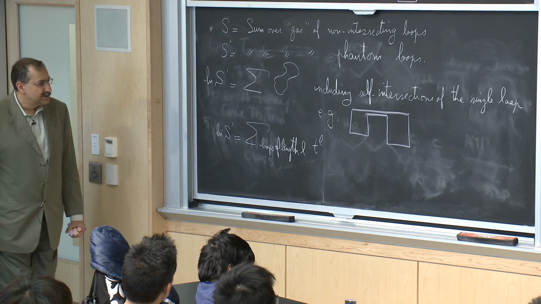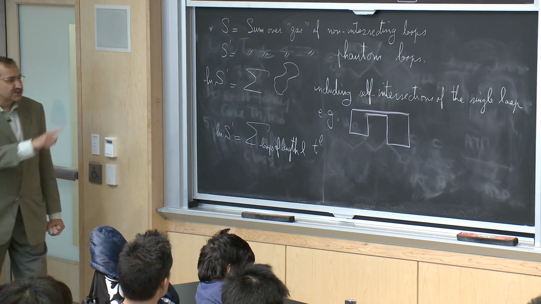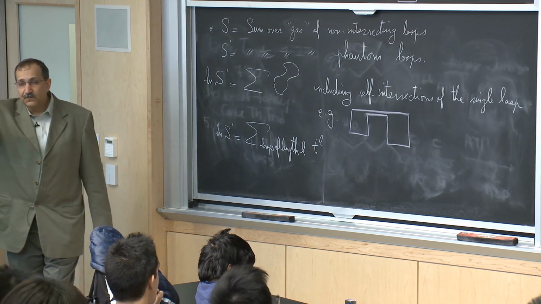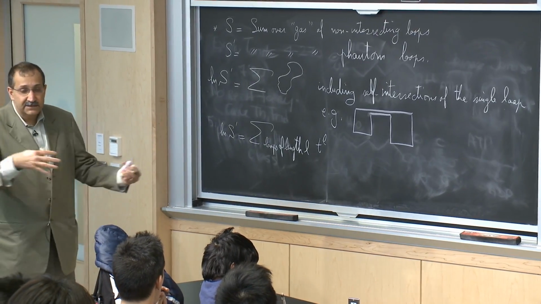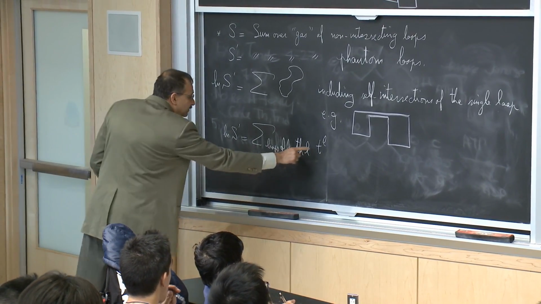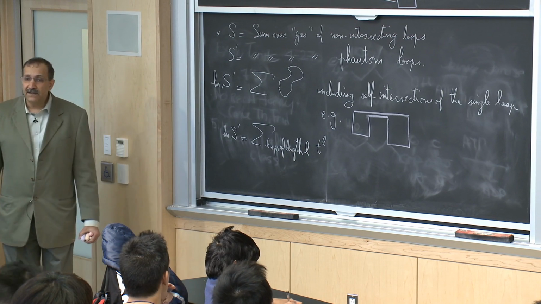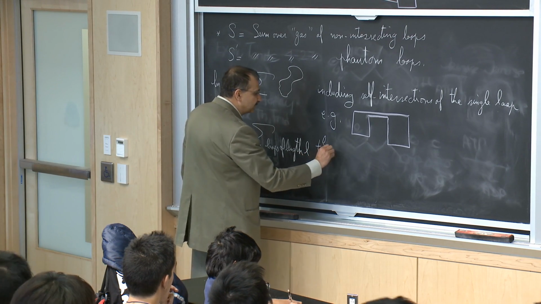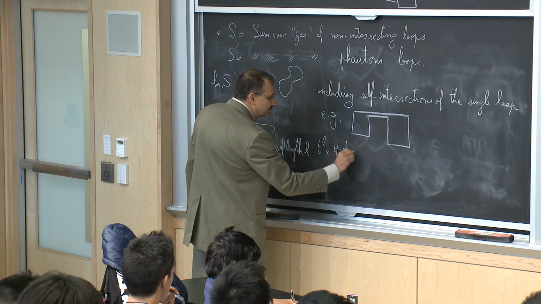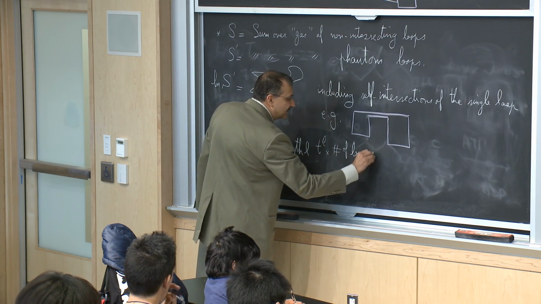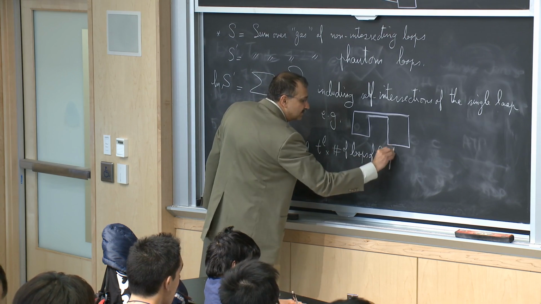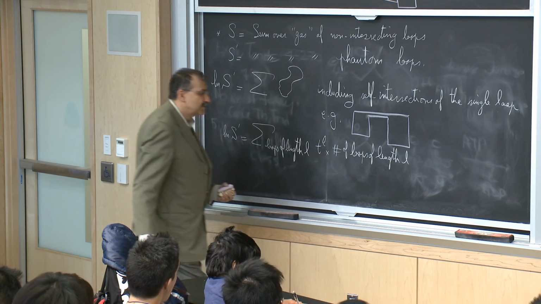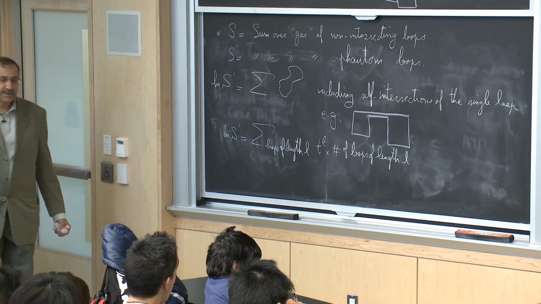So basically, I say that I can draw loops, let's say, of size 4, loops of size 6, etc. Each one of them, I have to multiply by t to the L. Of course, I have to multiply with the number of loops of length L. OK?